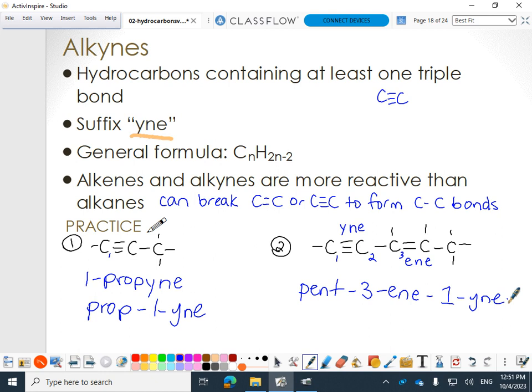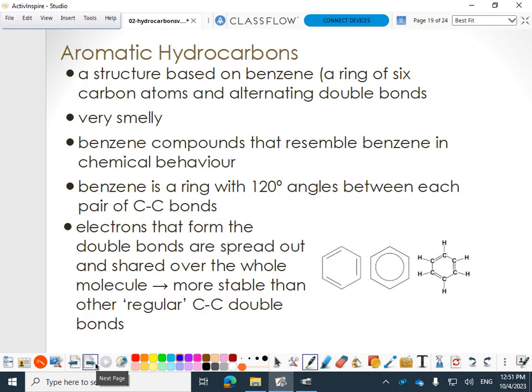Okay, and then the last kind of compound that has hydrogens and carbons only in their chains is aromatic hydrocarbons. And aromatic implies, oh, what a nice smell, right? Aromatherapy.